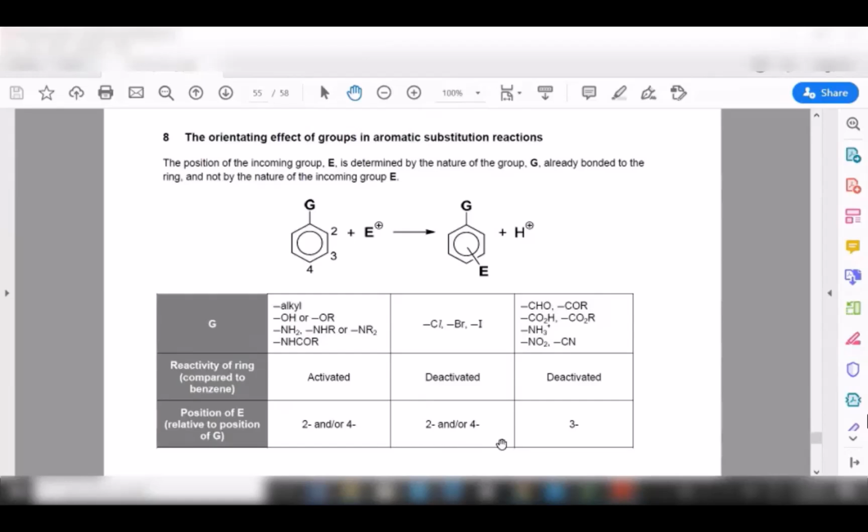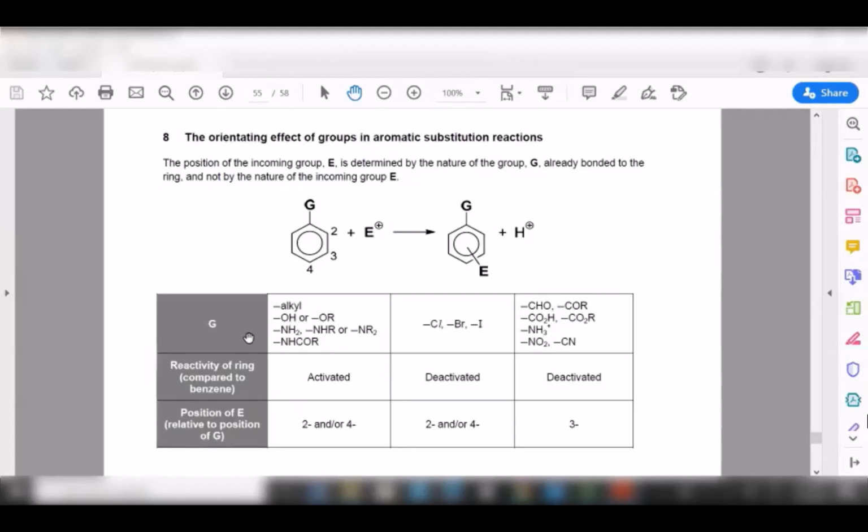Take note that your data booklet does not tell you about the strength of the donating group. For example, you are probably aware that alkyl groups are weakly donating. However, groups like OH and NH2 are strongly donating because the lone pairs of electrons on O and N partially delocalize into the phenol ring.